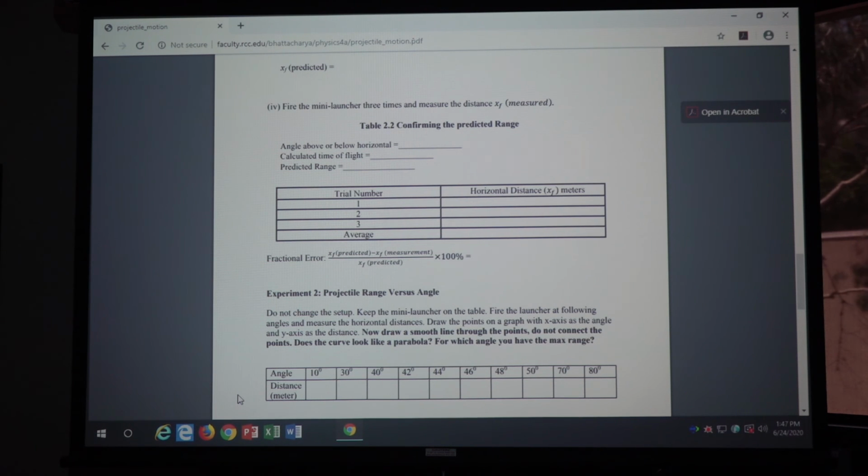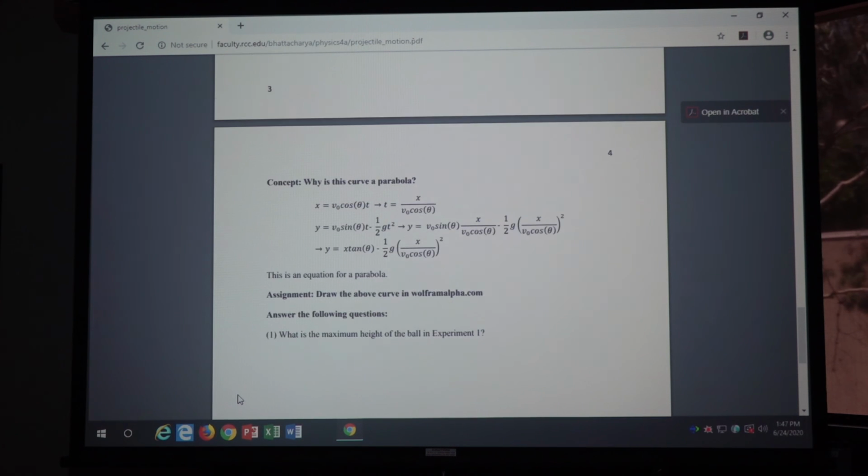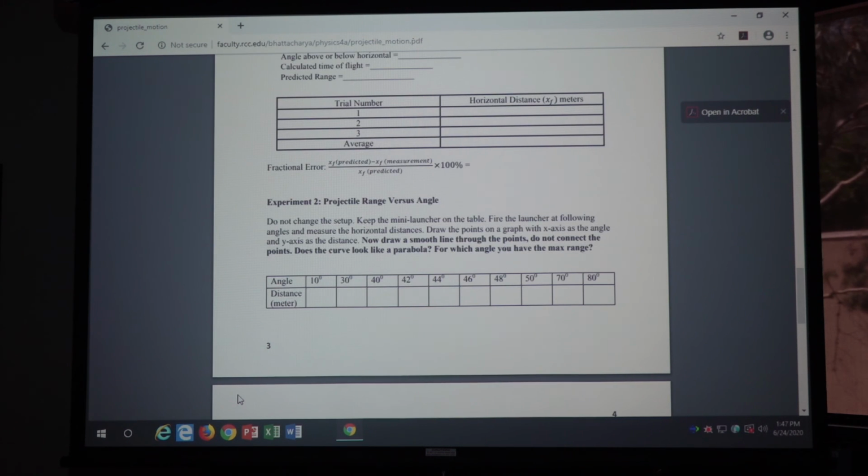Then let's go over to the second part of the experiment. This part we already gave you some numbers on the board, so you can just copy it back. Notice that our tables are slightly different, because if you are in the class, then you could have actually taken time and done this. In this case, all we have done is give you 10-degree intervals.